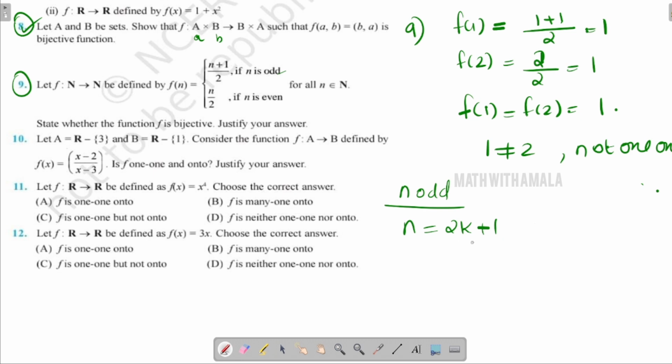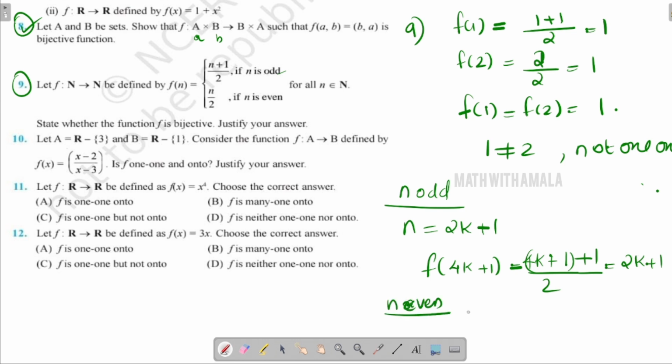When n is odd, n is of the form 2k plus 1 for some k. f of 4k plus 1 will be equal to (4k plus 1) by 2, that is 2k plus 1, which is the n that we have taken.